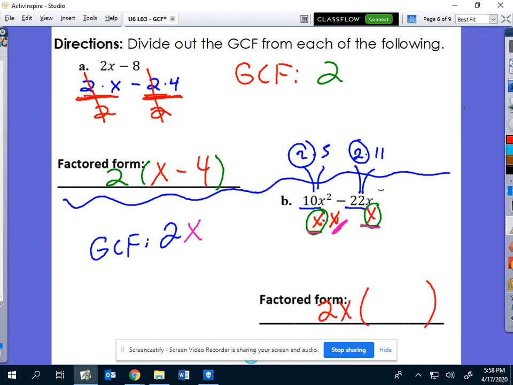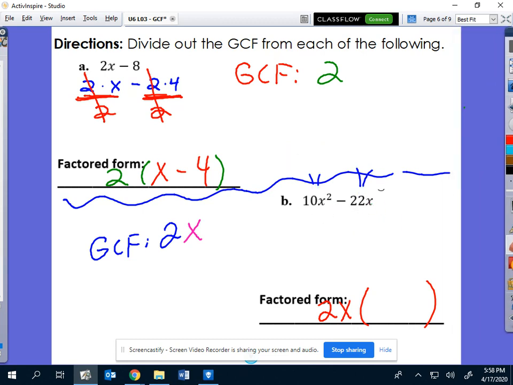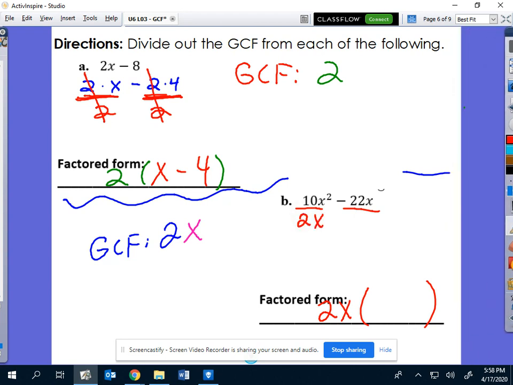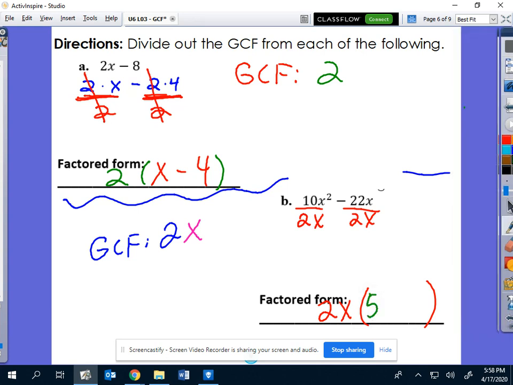Now, I've got to erase this here so we can do the division. But the division we do underneath our polynomial. So we come back and we divide each term by the GCF. In this case, it's 2x. When we divide by 2x, 10 divided by 2 gives me 5. x squared divided by x gives me x.